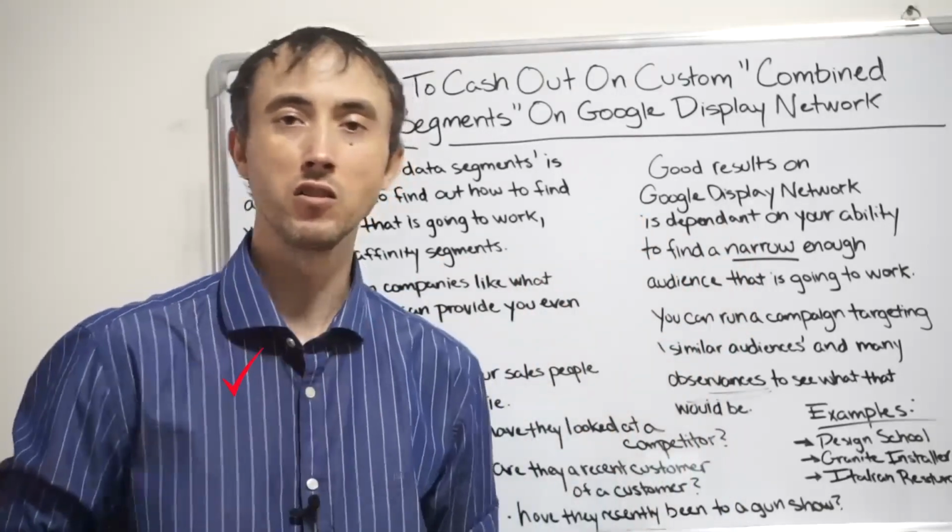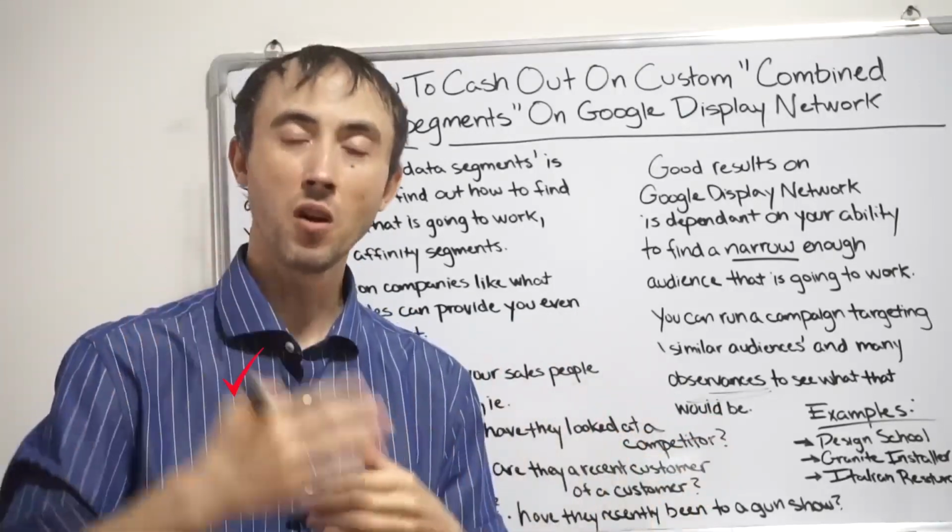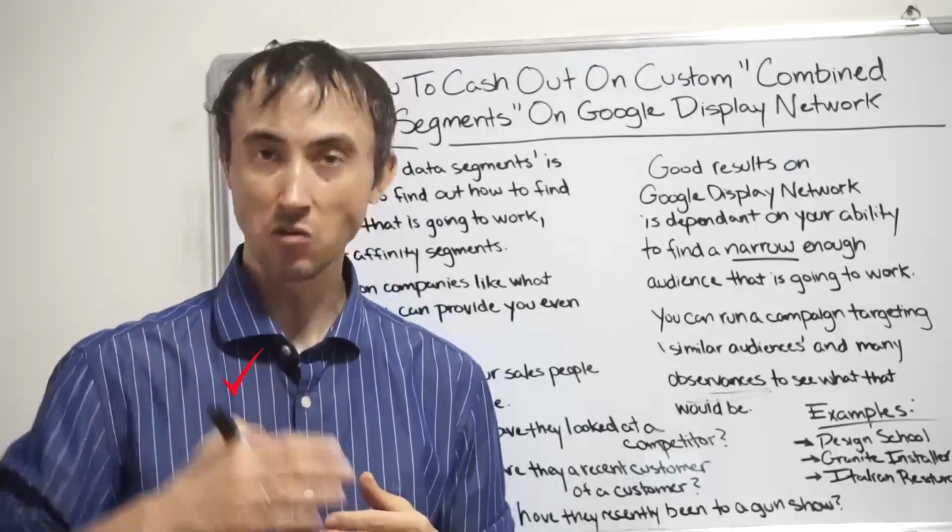And you can speak directly to them, which you can't do when you're targeting more broadly, which makes it even more of an opportunity and works even better and makes you even more money.